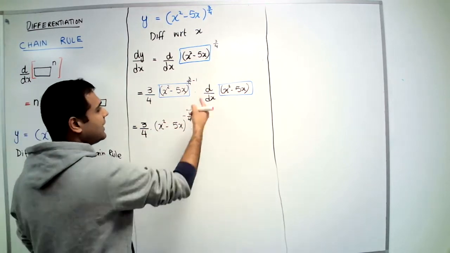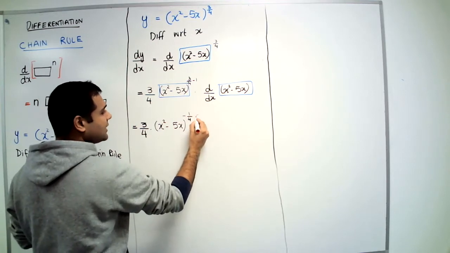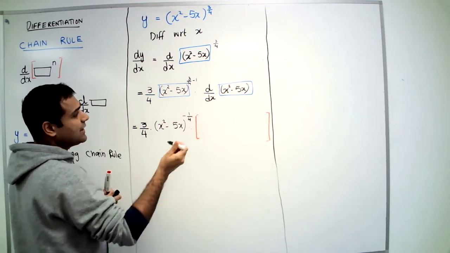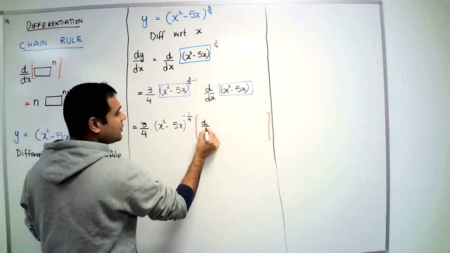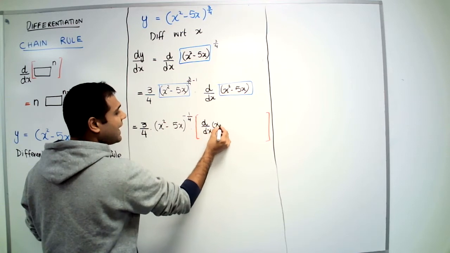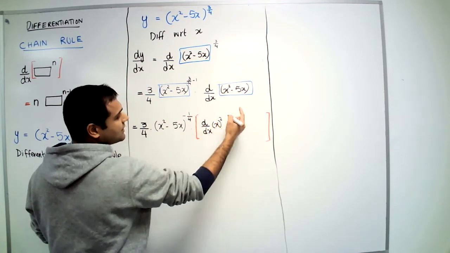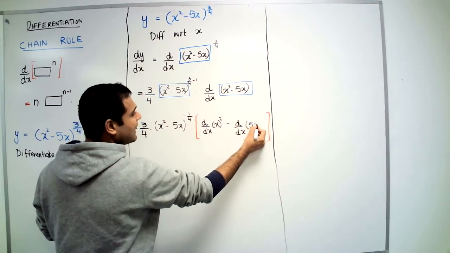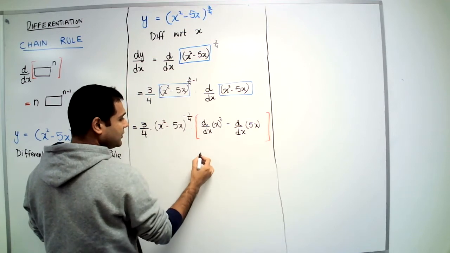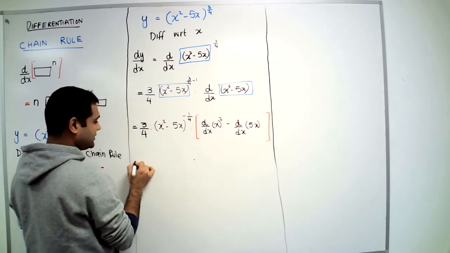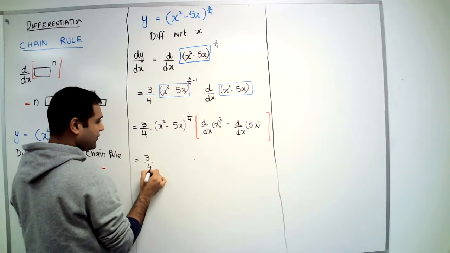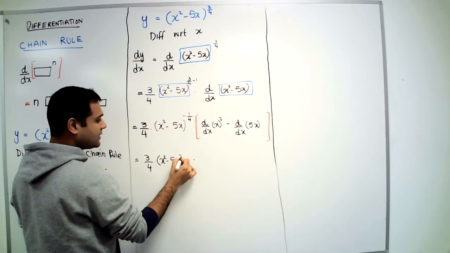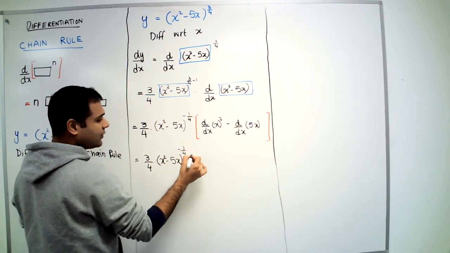When I differentiate that one, this is going to be d/dx of the x squared minus d/dx of the 5x. So let's write this one first. 3/4 x squared minus 5x to the power minus 1/4.